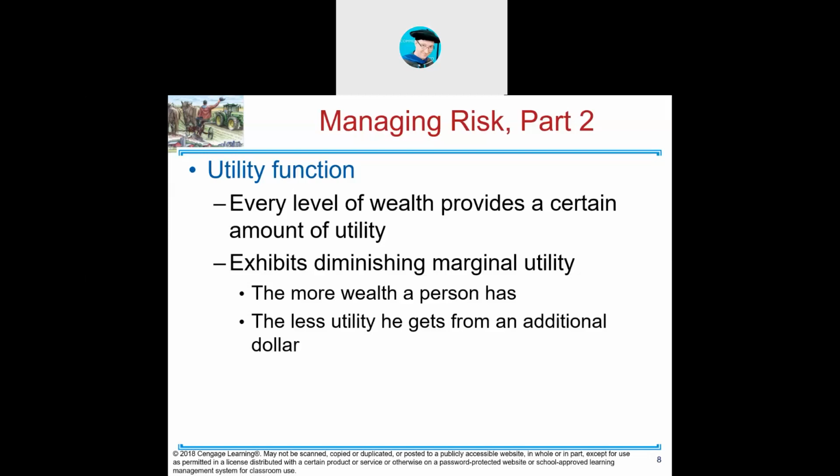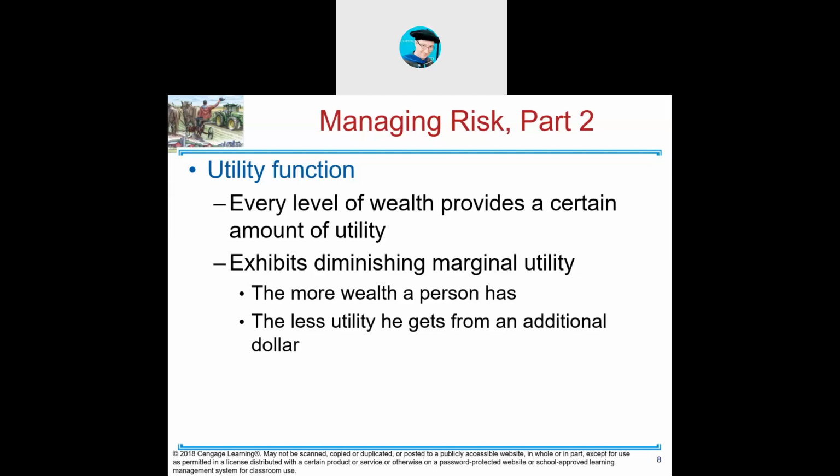There's this concept called diminishing utility. When something's diminishing, it means that it's going less, right? That's what diminishing means. It's said that a person who is wealthy has diminishing utility from additional wealth.